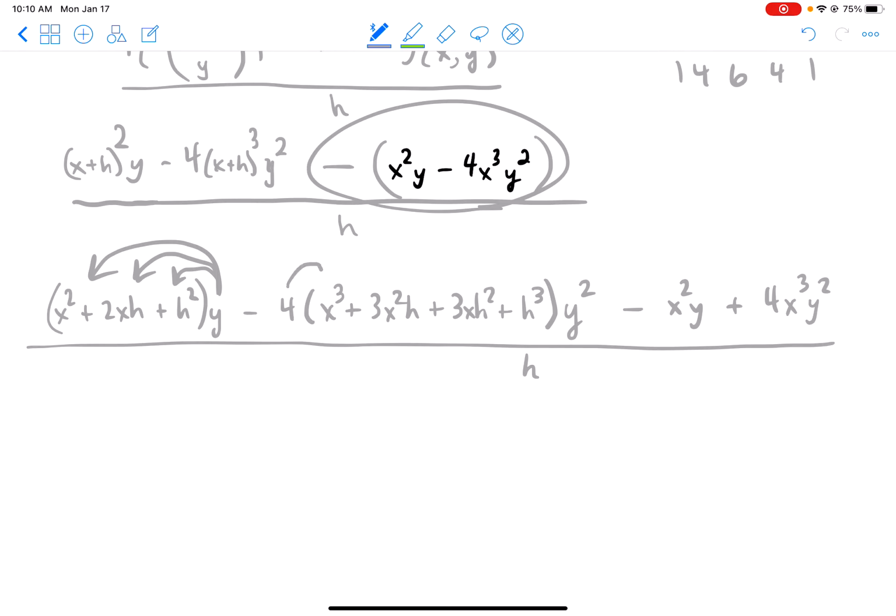And this minus 4 and the y squared have to come through and hit everything. Oh my gosh, too many arrows, so I'm just going to do this. So first I'll do this one. Now I have minus 4, and this is a minus 4 coming through, a minus 4y squared. And just to help me out, I'm going to move the y squared over here.